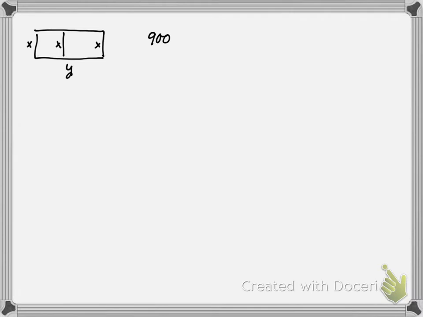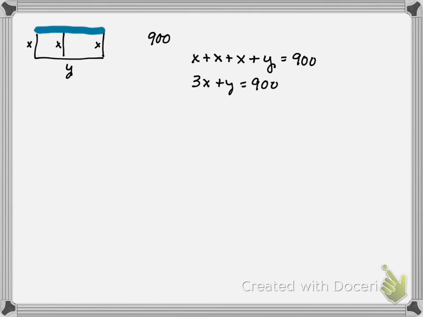If I have the length of x, x, and x, I can put x plus x plus x. That's going to be some of the fencing. And then I'm going to add in y, and this is going to equal 900. By the way, I didn't include the top because remember the top was right by the water, so that part's kind of fenced in on its own. If we add those together, I get 3x plus y equals 900. And then if I just rearrange the problem a little bit, I can say that y equals 900 minus 3x.